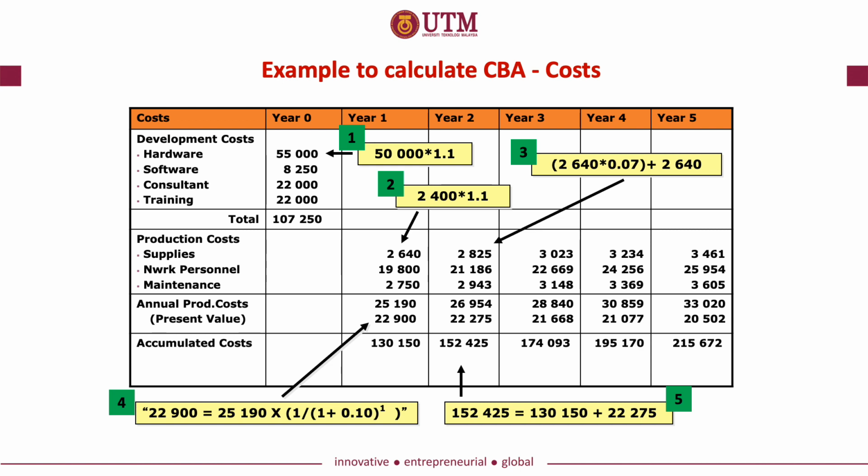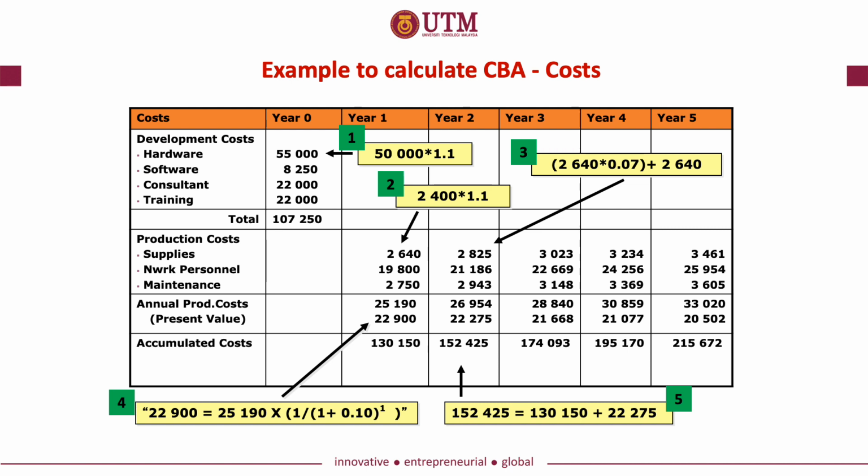Third, for year 2 until year 5, the asset value for supplies should then consider the cost annual change rate of 7% or 0.07 in numeric. For example, in year 2, the asset value for supplies is 2,825, which is the total from the 2,640 in year 1, after 2,640 is multiplied with the cost annual change rate of 7% or 0.07.